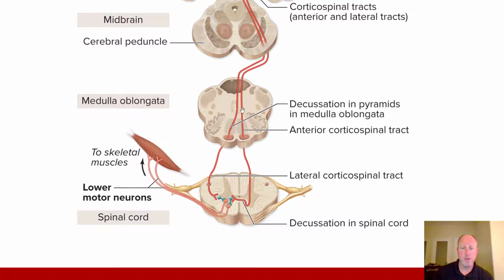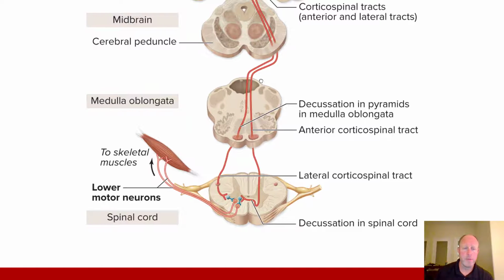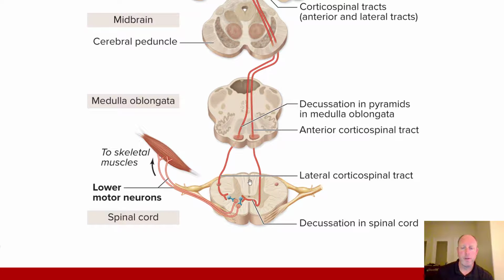And then through the medulla oblongata, basically the decussation of the pyramids of the medulla oblongata, and the anterior corticospinal tract here. Then we have the lateral corticospinal tract here, and the decussation in the spinal cord occurring here with the lower motor neurons and information out to the skeletal muscles.